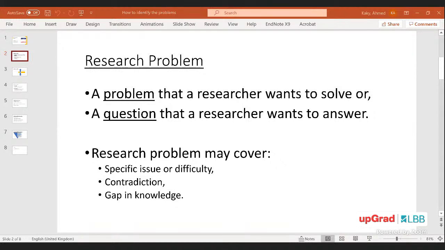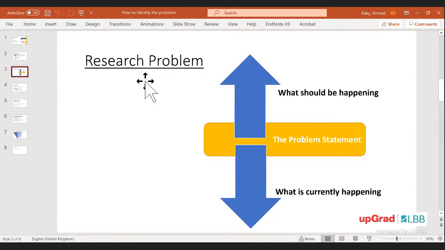Also, a research problem may cover specific issues or difficulties to be fixed or handled, some contradiction between many other researchers or different research schools, or you could work to bridge some gaps in the knowledge. So this is about a research problem.